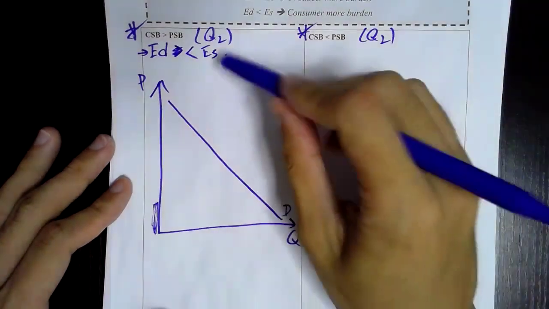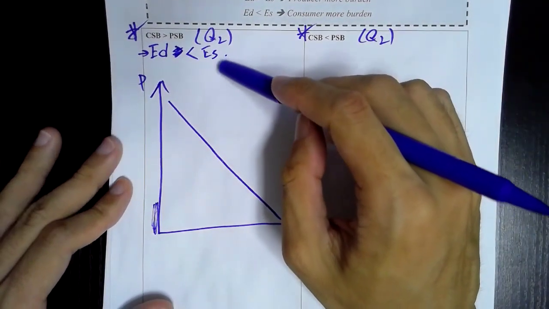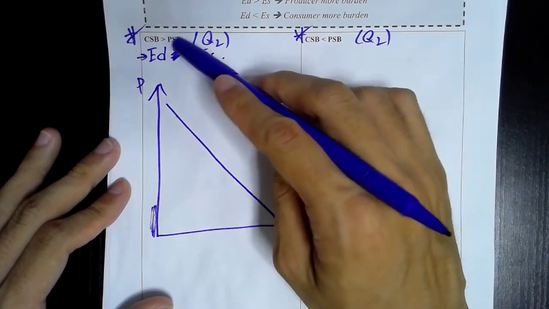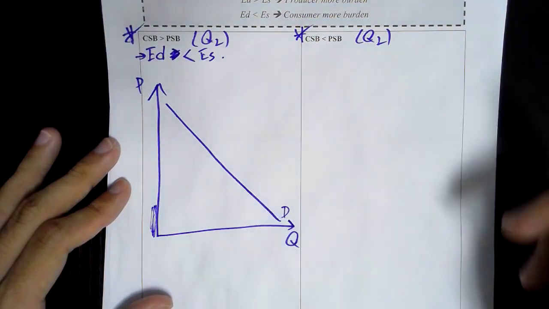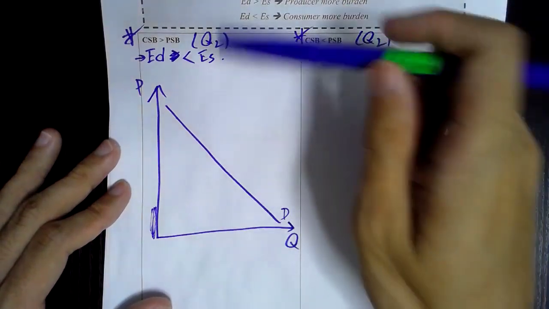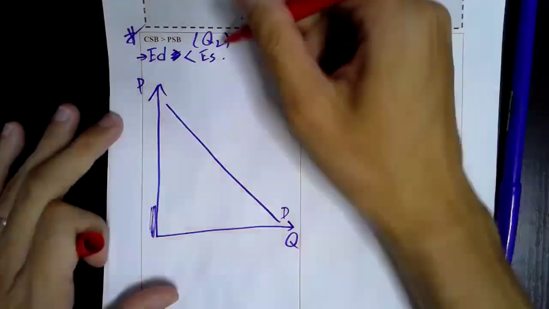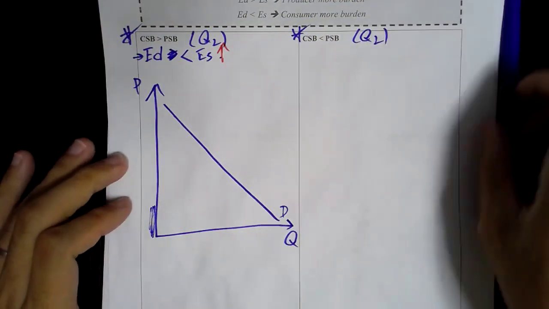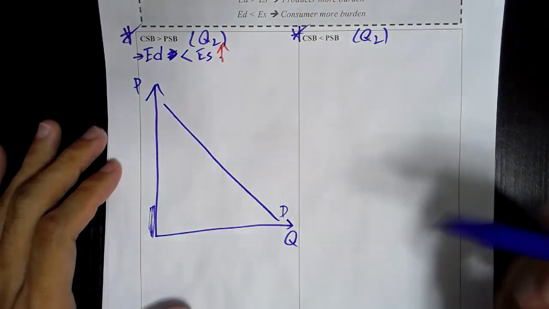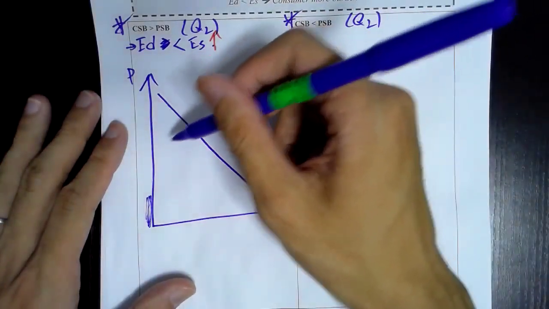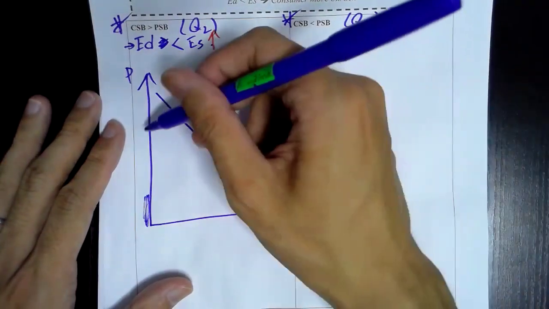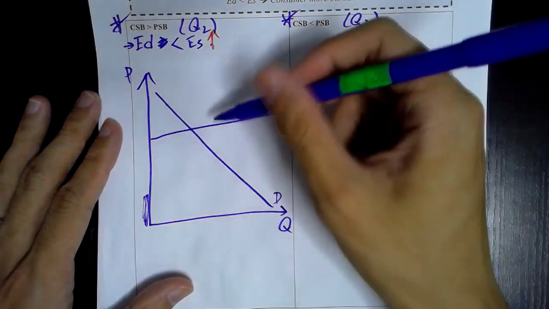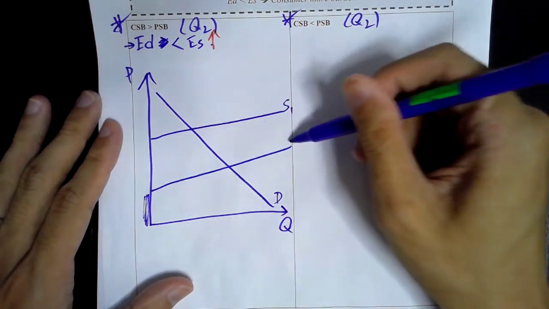But remember, this time we want supply to be more elastic, because the producer will be enjoying less. So how are we going to make the elasticity of supply increase? To be more elastic, we draw it more horizontal, which is this one. Let's call this S1. Then here we have our S2.